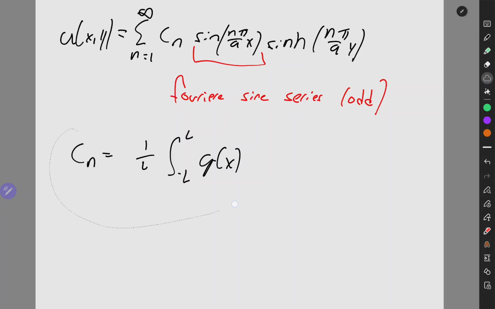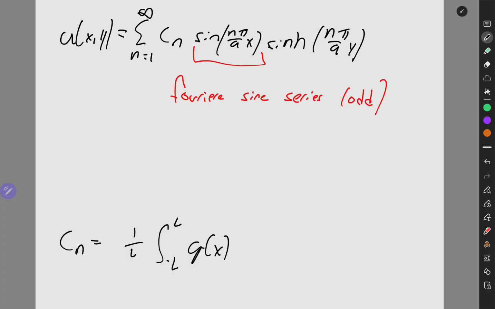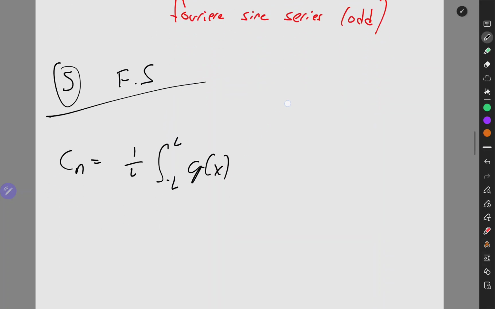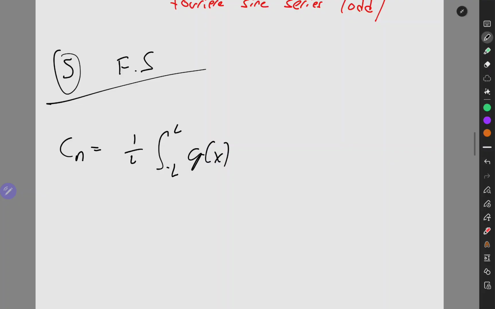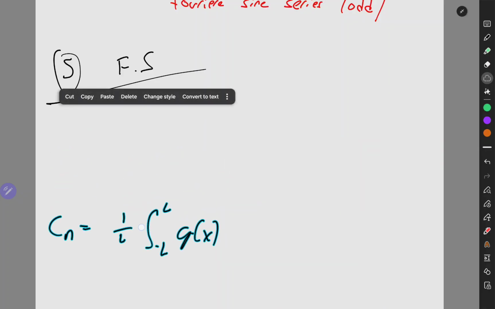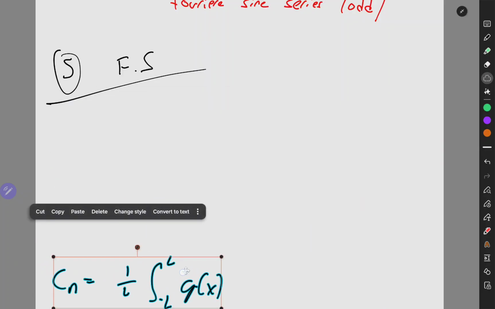First of all, I kind of skipped this a bit. We should be on step 5 here. Fourier, oh sorry, well, I'm just going to call it Fourier series because we don't have an initial condition. Remember, this is the formula for C of n. I kind of skipped ahead.